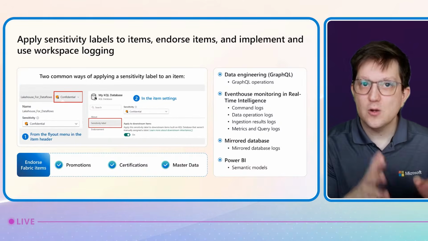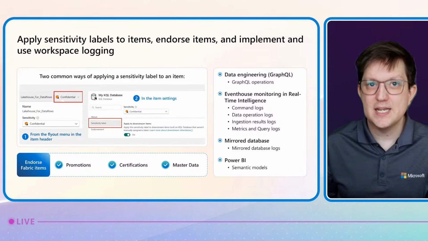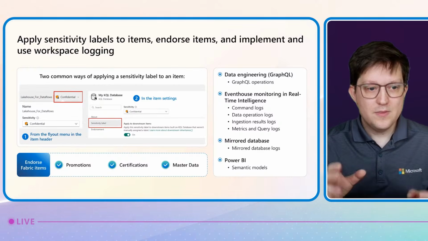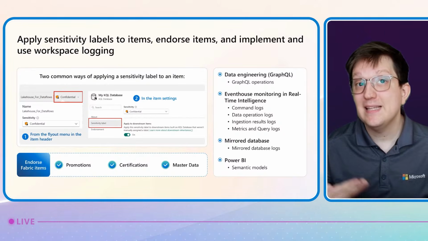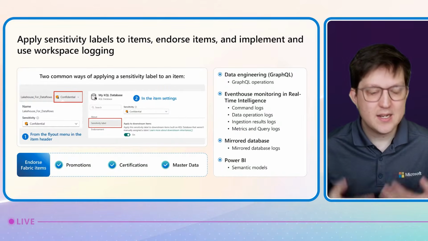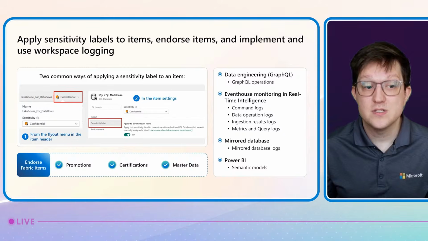Essentially, promotions are author-driven, certifications are admin-driven and for highly trusted content, and master data designates authoritative reference data. These allow you to reference these points whilst also simultaneously applying that sensitivity component to it. So in real time, we can understand how people are accessing different pieces of data in different scenarios.